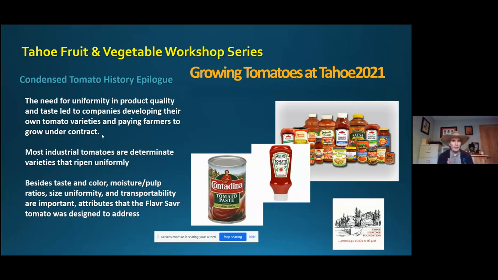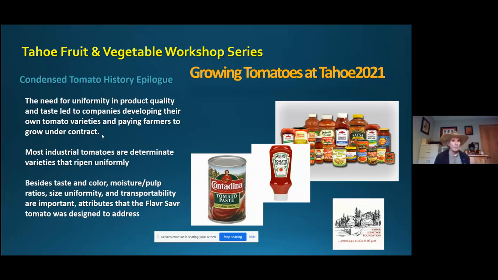As a consequence, there was a big push by commercial corporations to develop varieties that had certain characteristics, including ability to be stored, processed, and ripened very quickly to minimize costs.